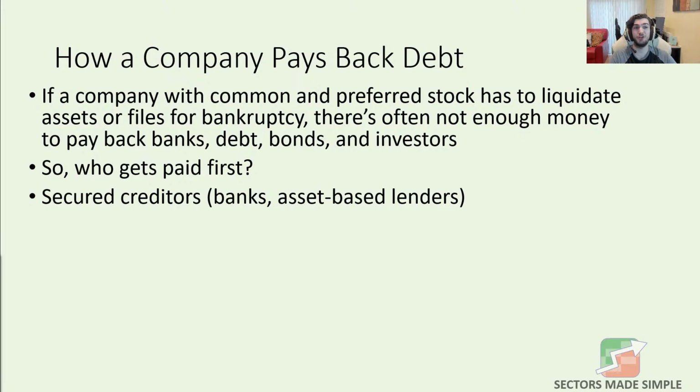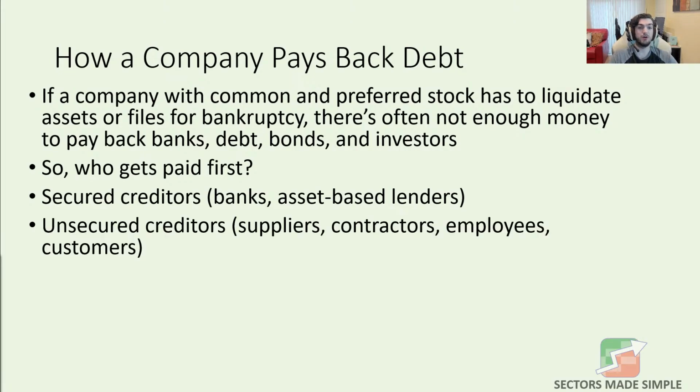What's called secured creditors, people like the banks that loaned the company money, or lenders that in exchange for that money asked for collateral. Hey, that's a beautiful building that you have there. If you can't pay me back, I want that building. Those guys get paid first.